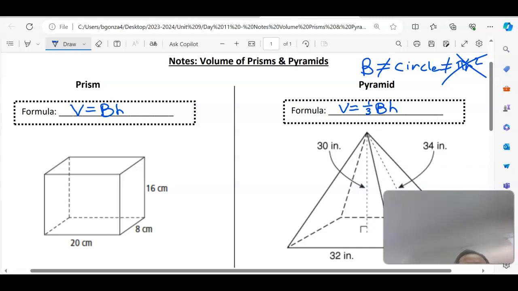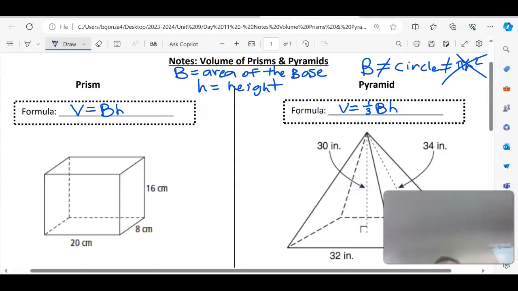Now, here's the deal. What is big B? Let's remember big B is the area of the base. H is the height. That's pretty much all you need to know. It's very similar to last time we did this with cones and cylinders, right?